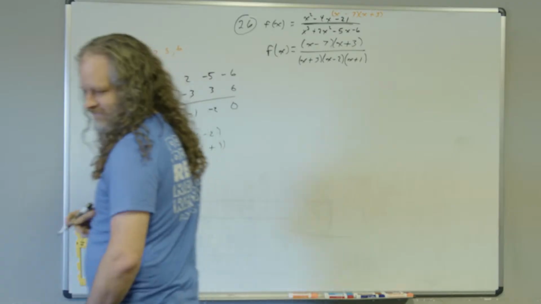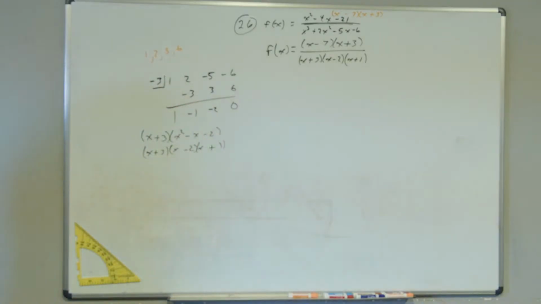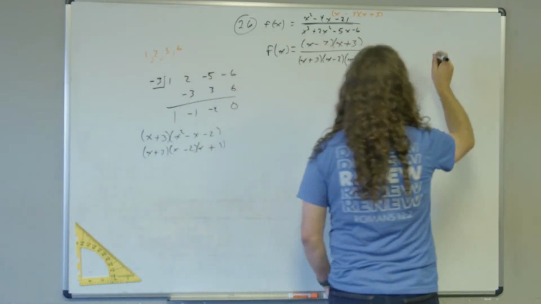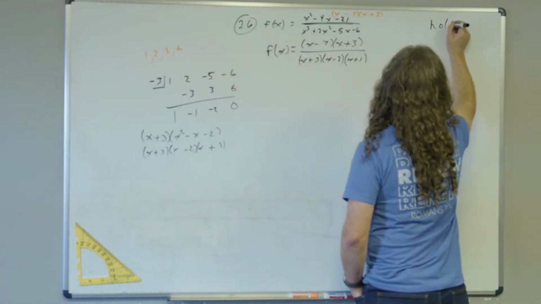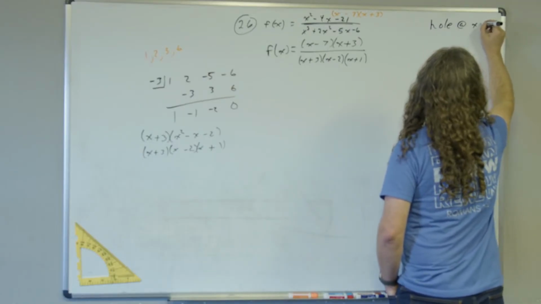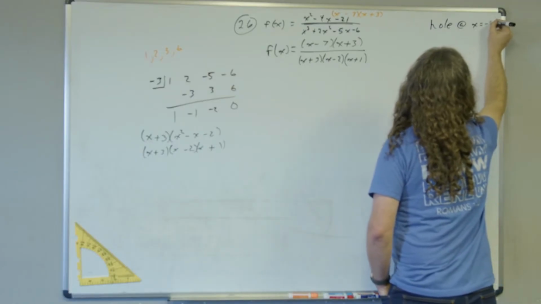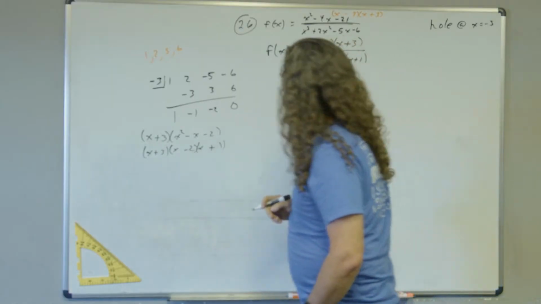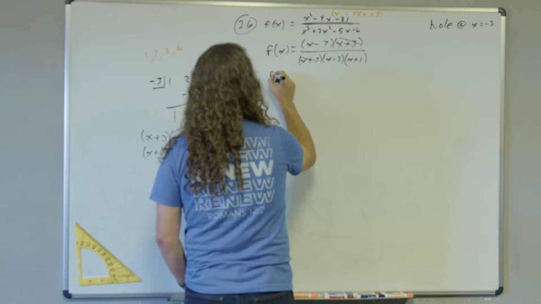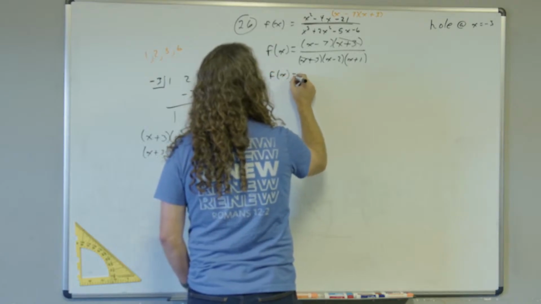Now what? Cancel out the x plus 3. But we got to notate real quick, right? That there's a hole at x equals -3. So that's important that we notate that before we poof it away, or else we're liable to forget.